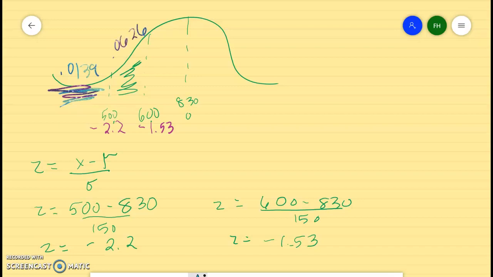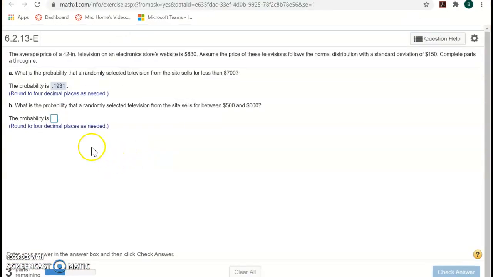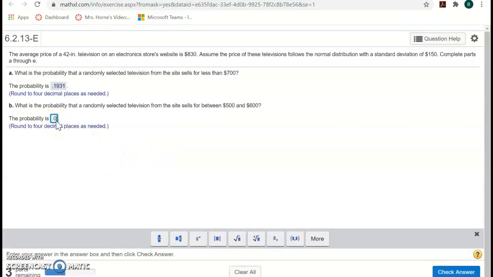I'm not sure about the rounding on this one. Now we take the bigger probability, 0.0626, minus the smaller probability to get the in between, and you will get 0.0487. Let's just see, and we can always backtrack if we need to.